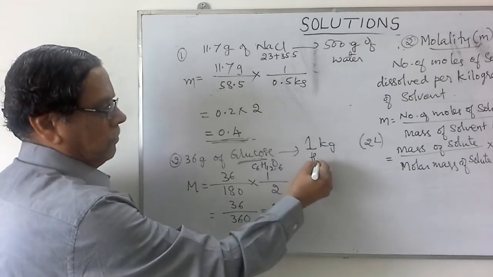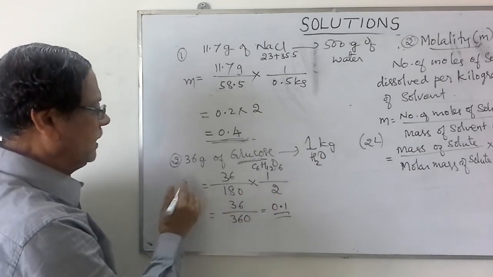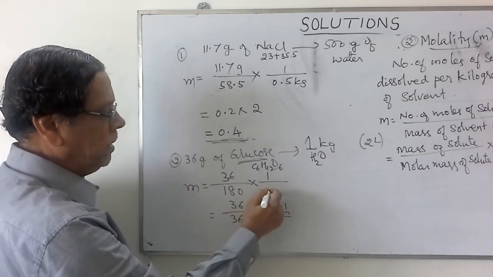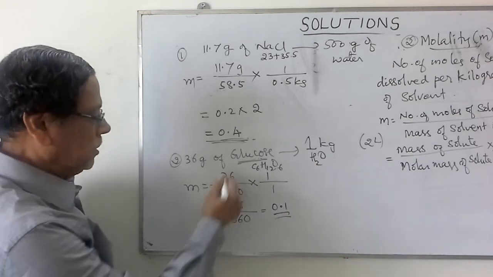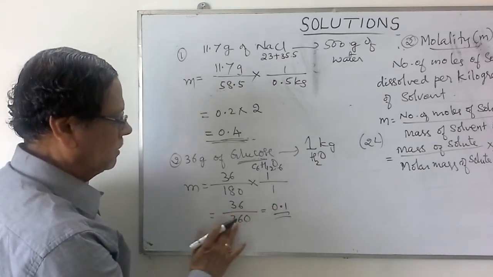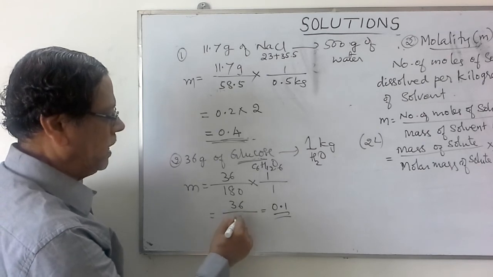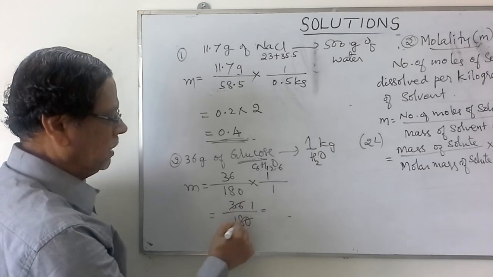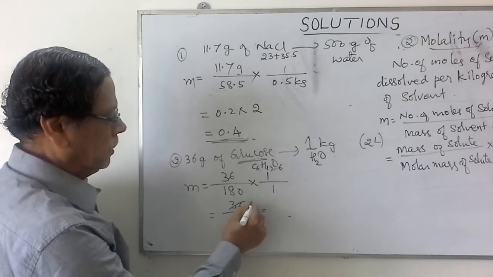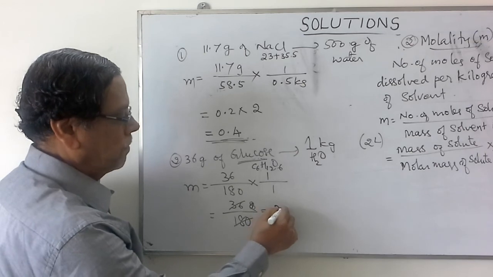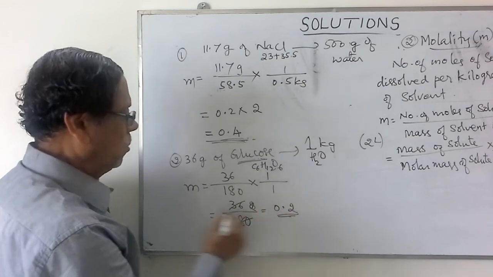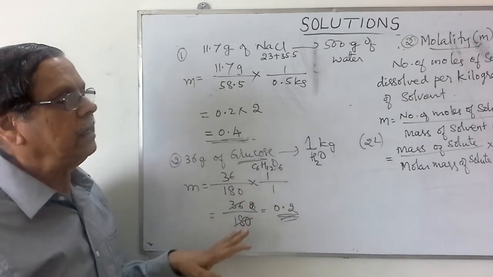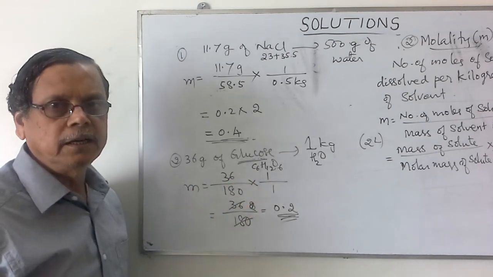Then the molality of the solution is equal to 36 divided by 180, that is nothing but equal to 0.2. Molality of the solution is equal to 0.2. There are some more important concentrations that we can take in the next video.